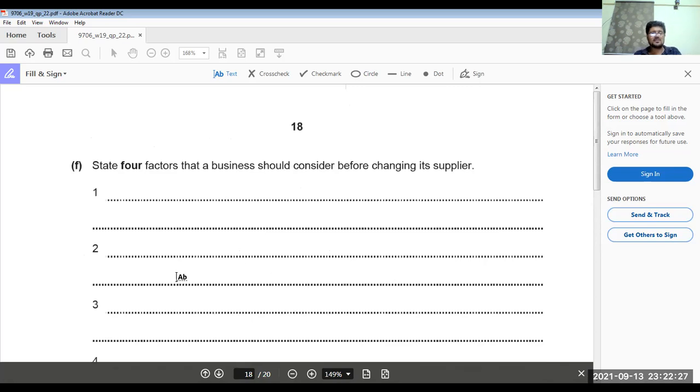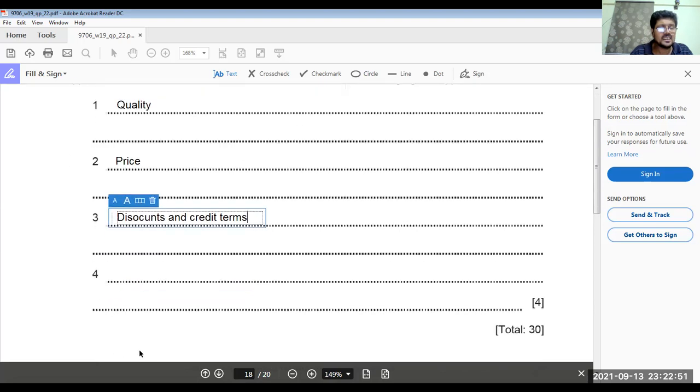Now, 4 factors you should consider for the supplier: quality, price, discounts and credit terms, and delivery within time. Simple.